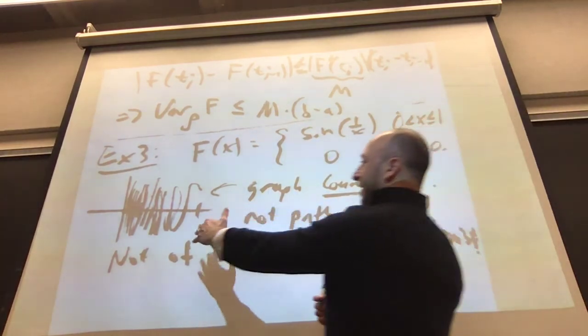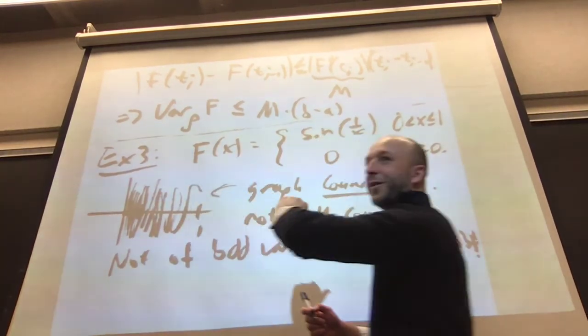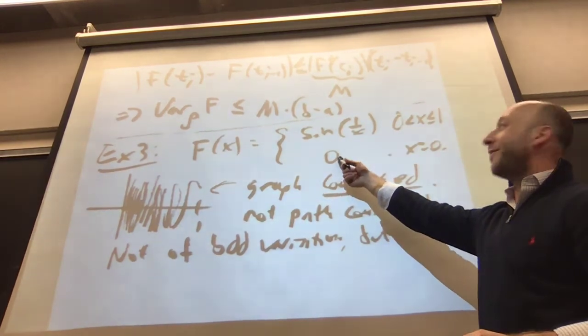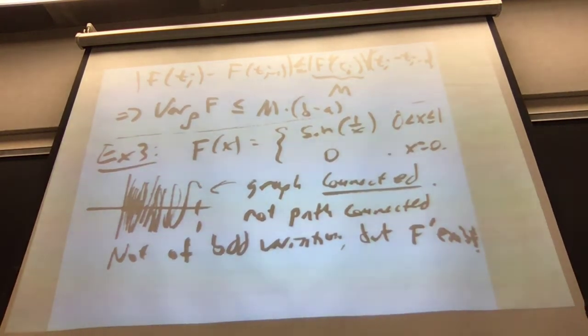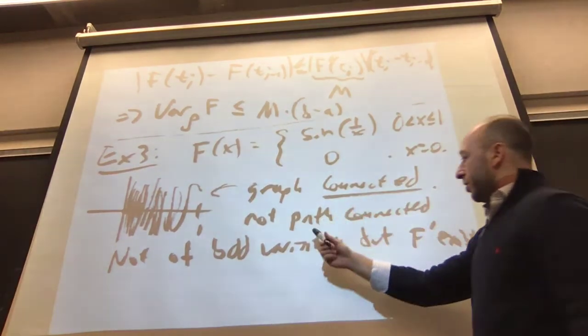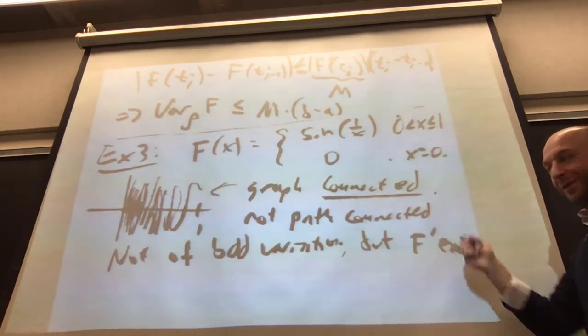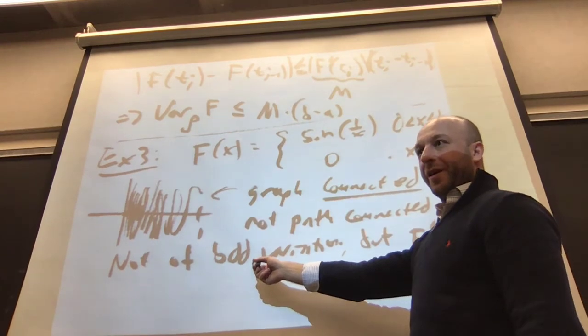That's as a subset of the plane. I want to think of it as a function, so I just want it to have one value. So give it any value between minus 1, 1, such as 0. So the derivative can exist without the function being of bounded variation.